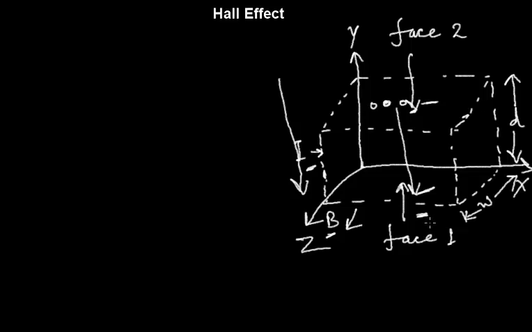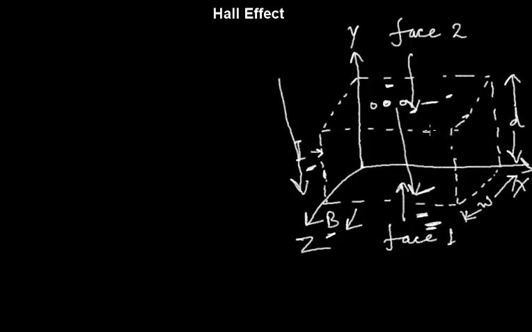So phase 1 will become negatively charged as compared to phase 2 and we'll say that our specimen is an N-type semiconductor. And if the charge carriers are holes, phase 1 will acquire positive charge as compared to phase 2 and we'll say our specimen is a P-type semiconductor.